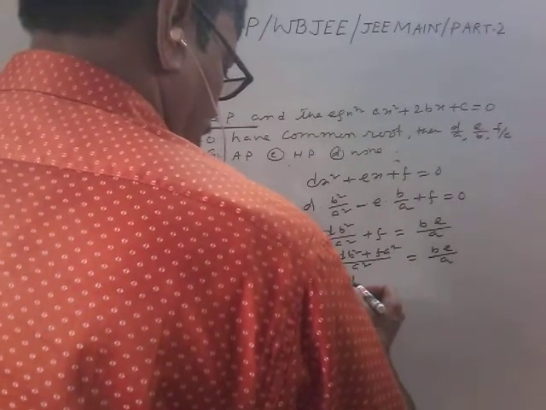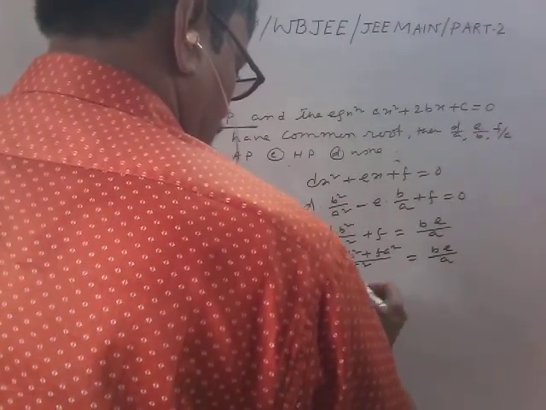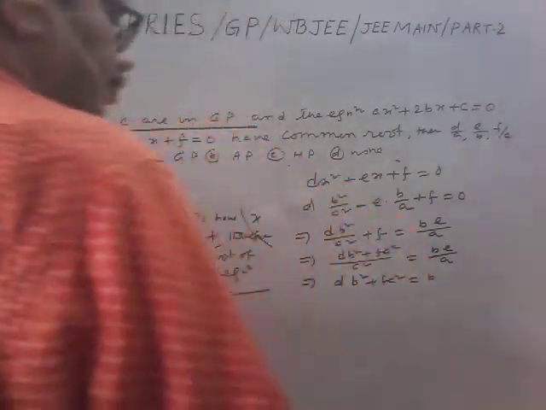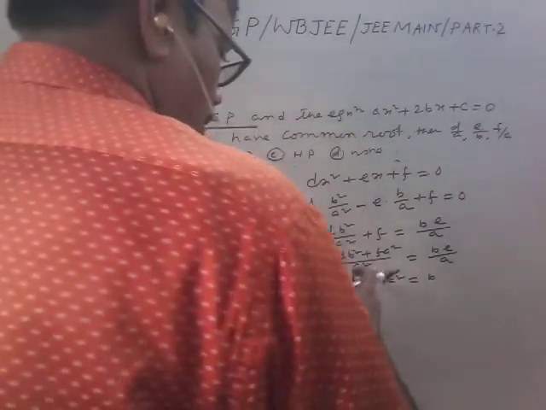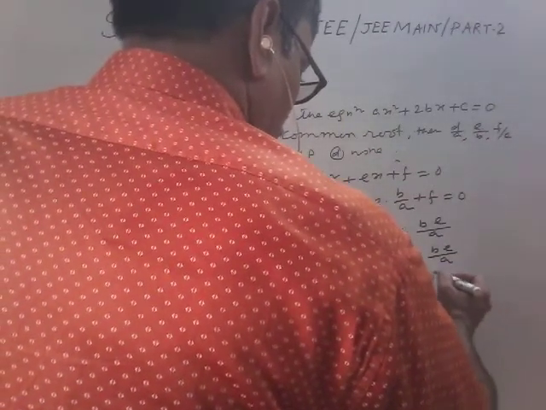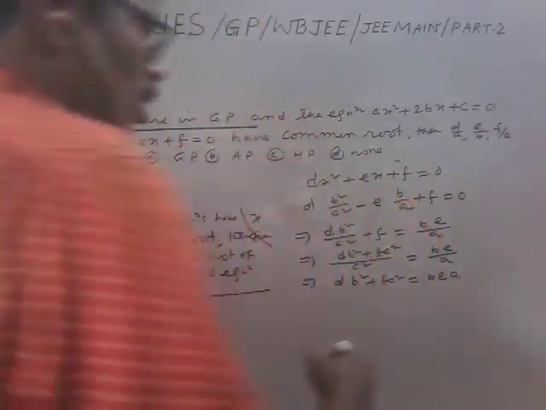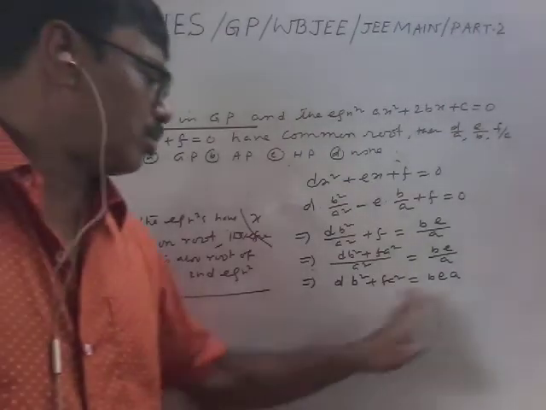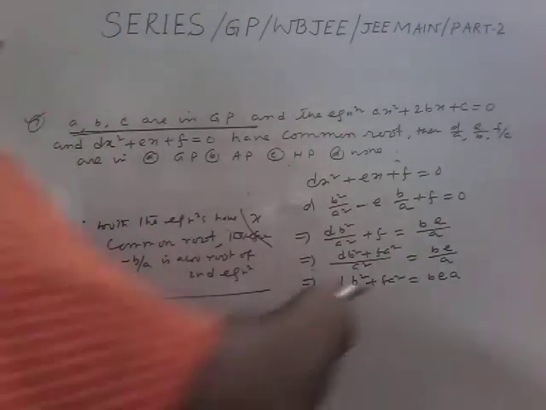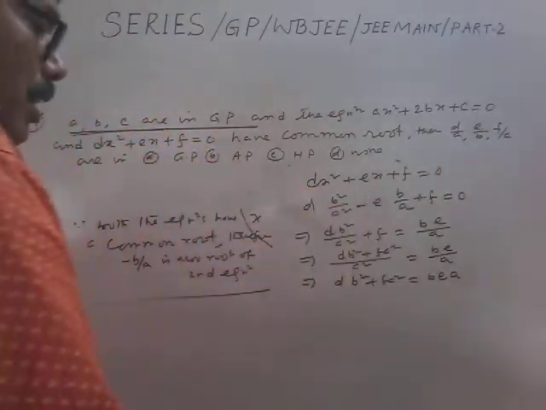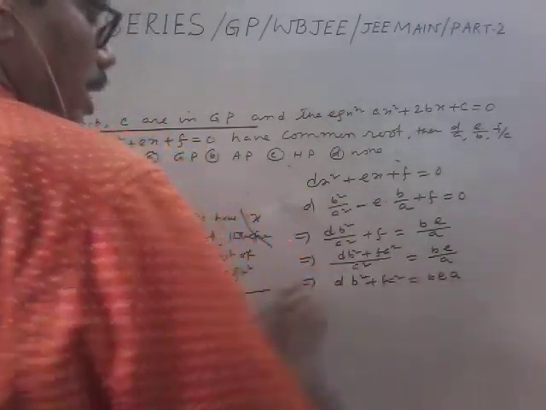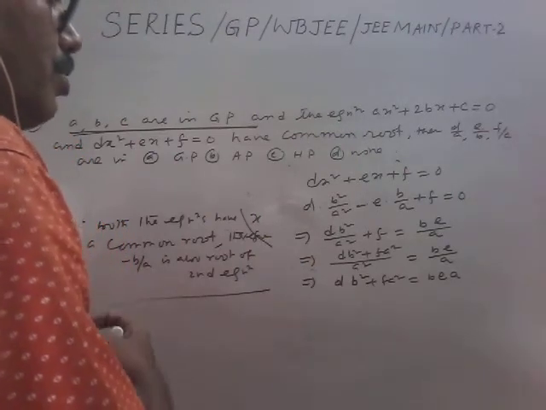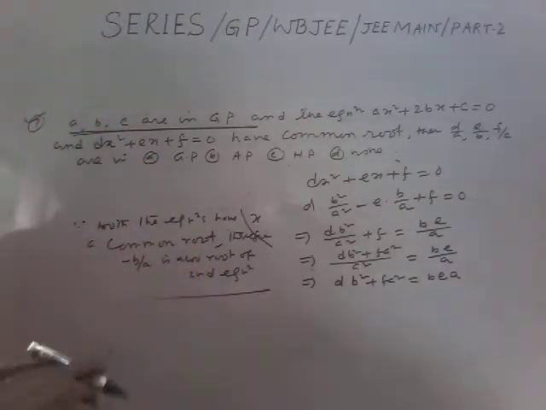So db square plus f a square equals 2, one a is cancelled, this one. So look at this one. So the final relation is in terms of d by a, e by b, f by c. So b by a.